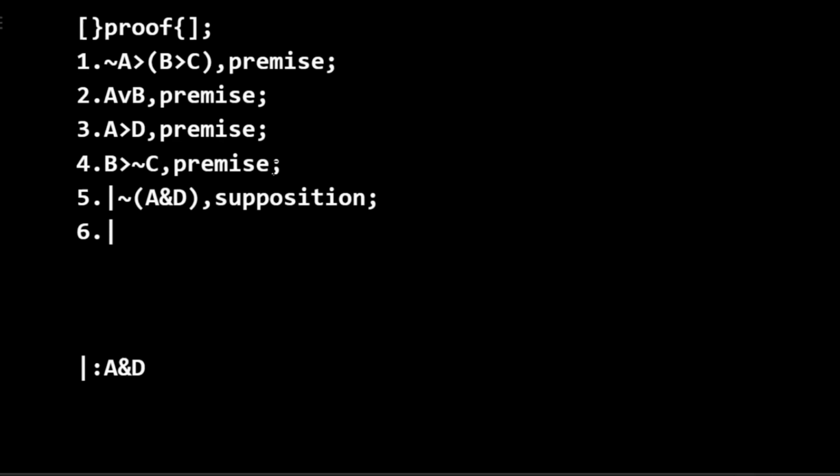Okay. Line 5 looks like maybe it should have De Morgan applied to it. That pops out and maybe helps us look at some of the premises and see what we could do here.